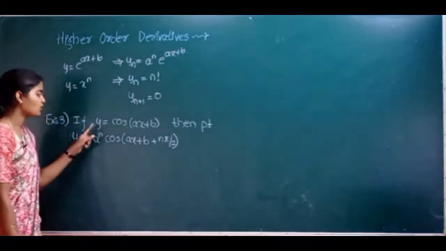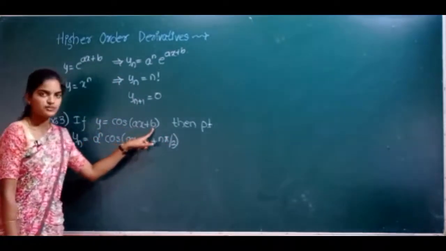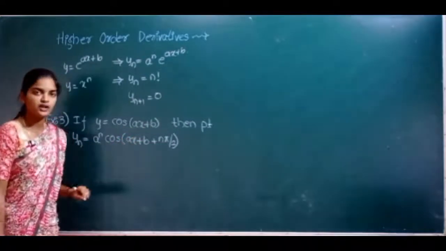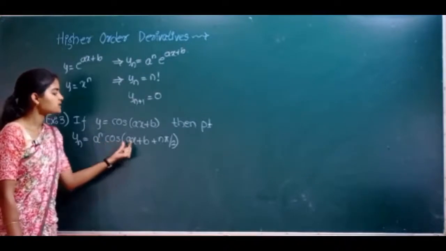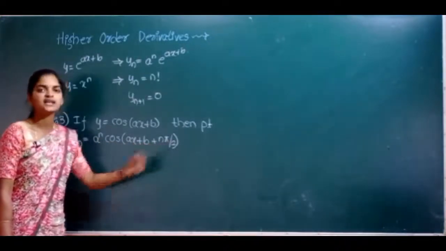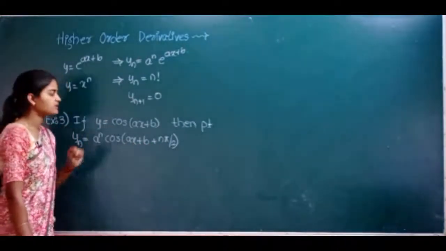Here y is equal to cos ax plus b, this is given. Then what we have to prove? Its nth derivative is a raised to n cos ax plus b plus n pi by 2.